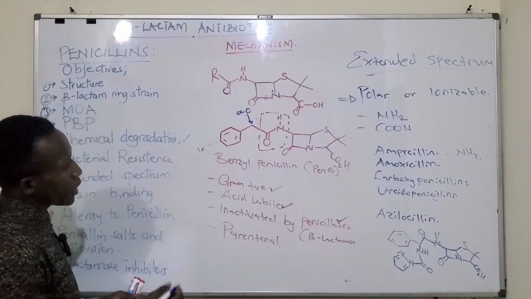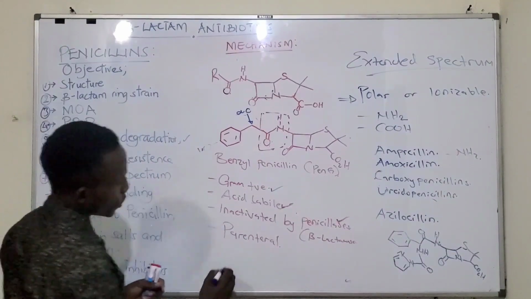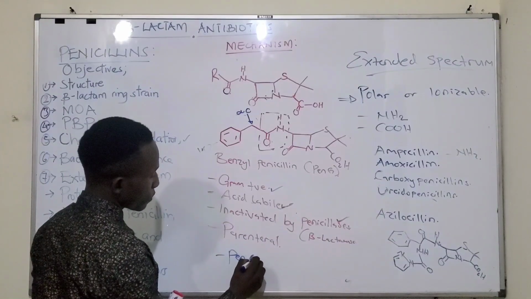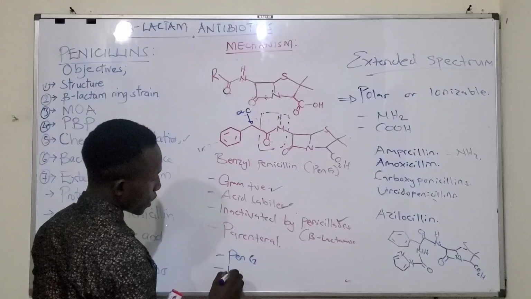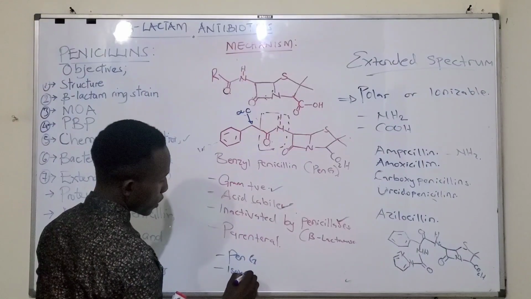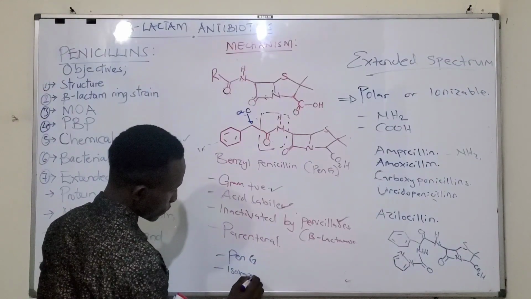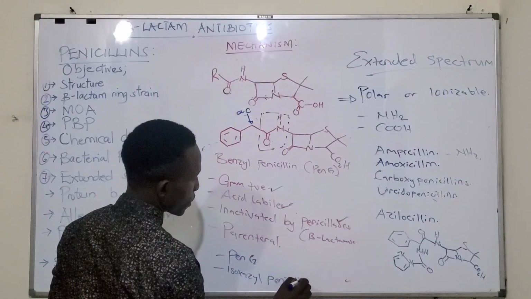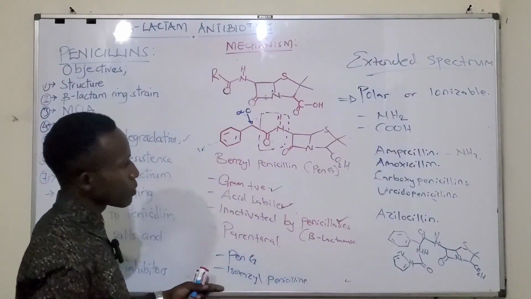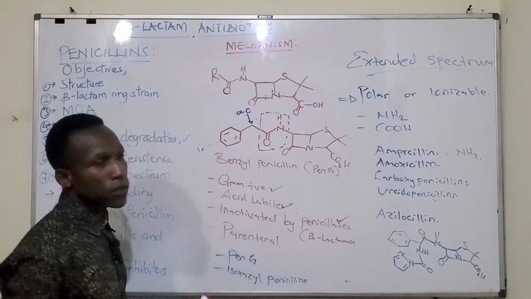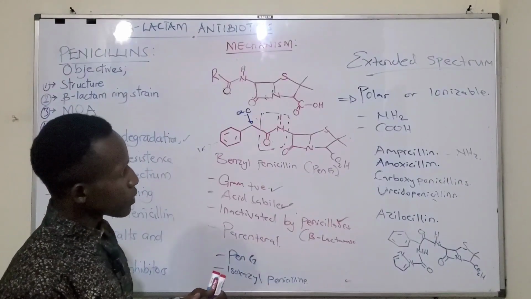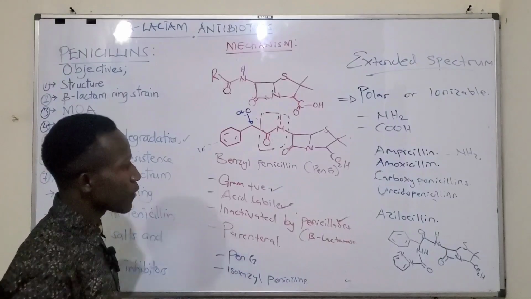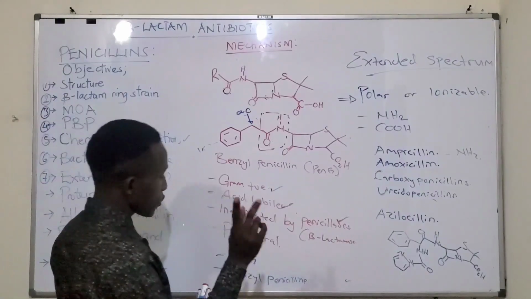So highly binding penicillins we shall have the penicillin G, then those isoxazolyl penicillins which have the isoxazolyl group, like dicloxacillin, those ones which have the isoxazolyl ring.